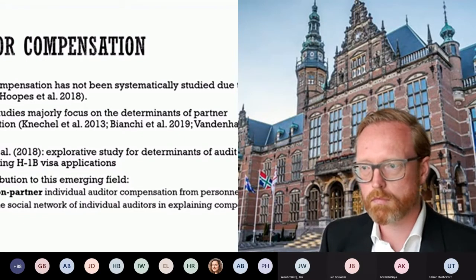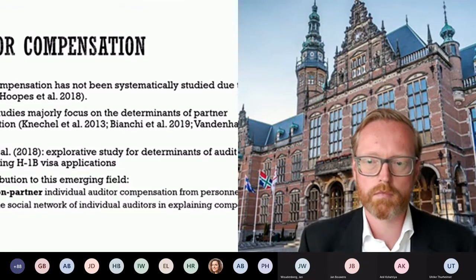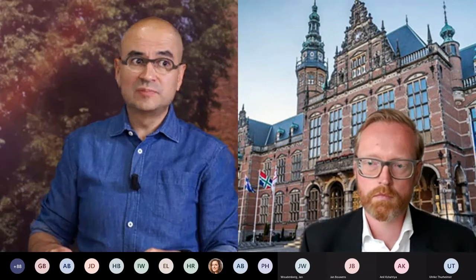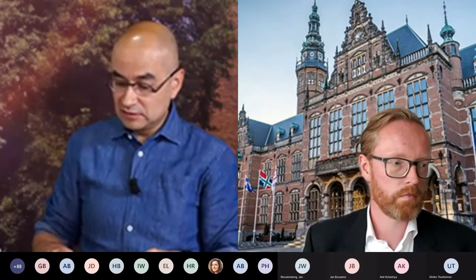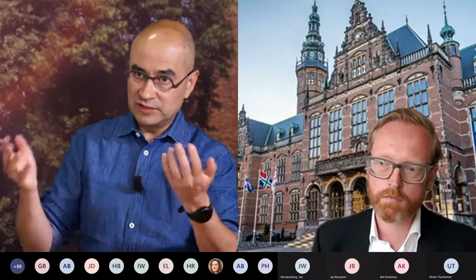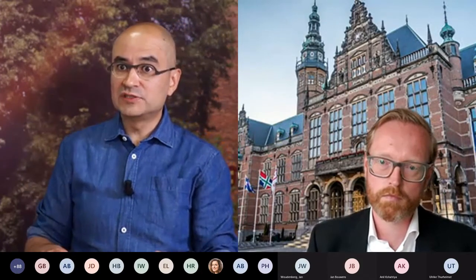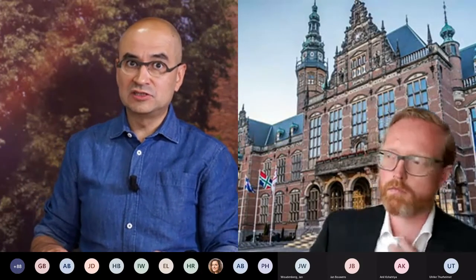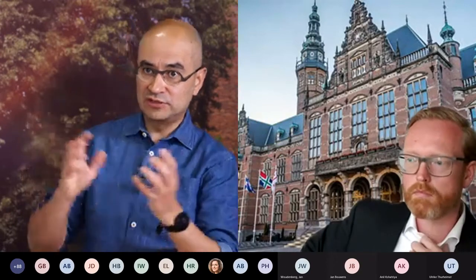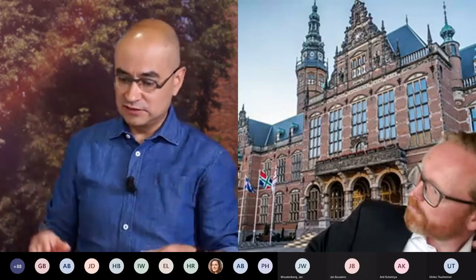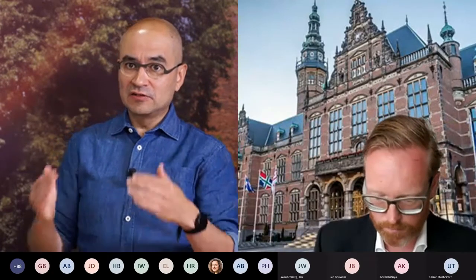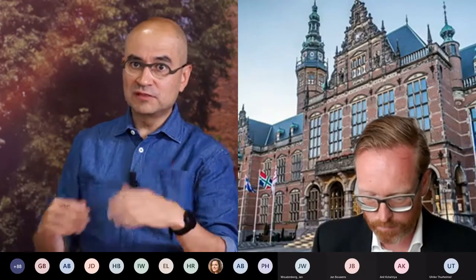In their case, they find that rank is obviously an important variable explaining non-partner compensation, but also, focusing on the US, that compensation of audit staff is linked to the region or the cities where they live, with the idea that in New York the cost of living is higher than in many cities in Nebraska and Idaho.